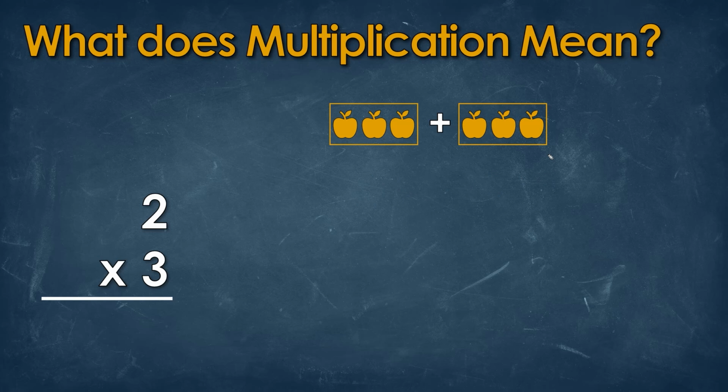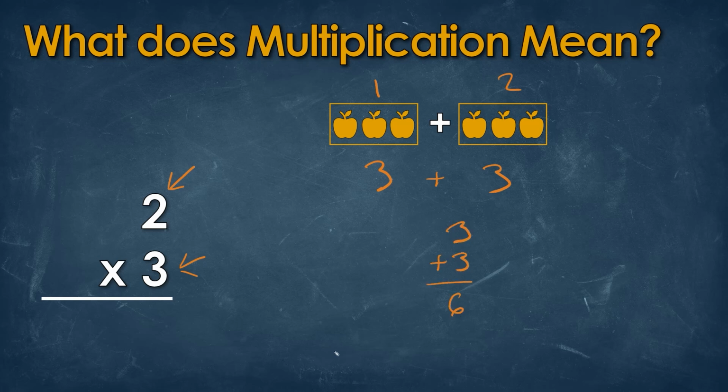So let's imagine that we have two groups, and each group has 3 apples in it. So 3 plus 3. So we can use multiplication, which we see over here, two groups with 3 apples in it, to figure out how to add those together. So we know 3 plus 3 should be equal to 6.